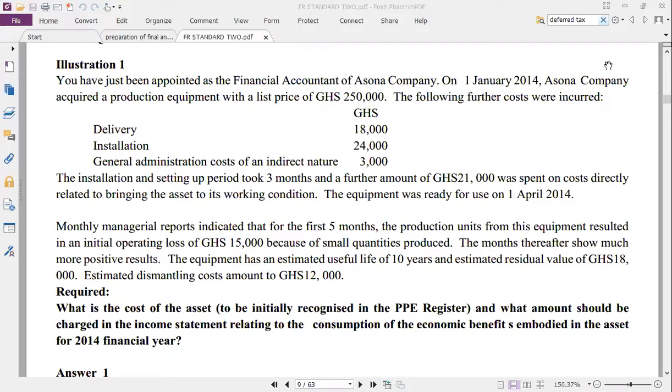The quoted price, which is the purchase price. Good. The following further costs were incurred. Delivery 18,000 cedis. Installation 24,000. General and administrative cost of indirect nature 3,000. So now let's see. Let me start from the 250,000. Will it be part? That's the purchase price, right? So the 250,000 will be part.